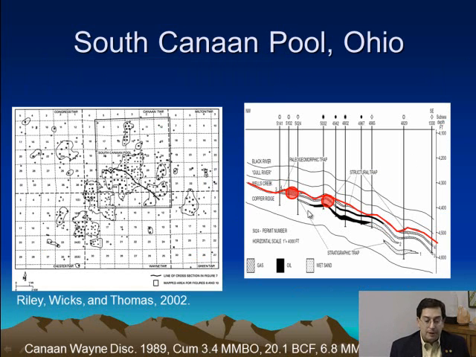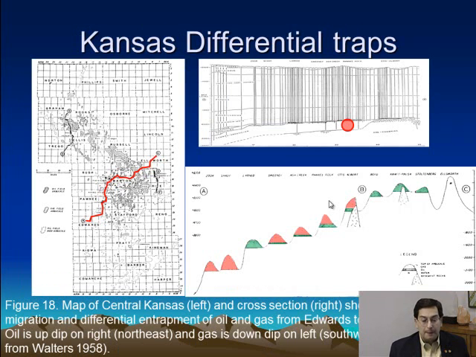If we look at one of the detailed fields, South Canaan Pool in Ohio, you can see the topography created by the unconformity and the pinch-outs and the hydrocarbons trapped at that unconformity in paleogeomorphic traps.